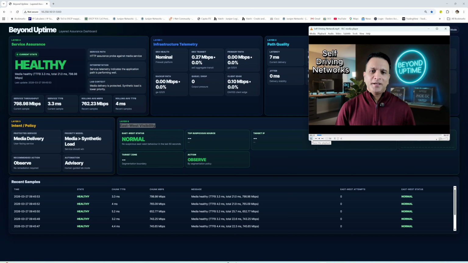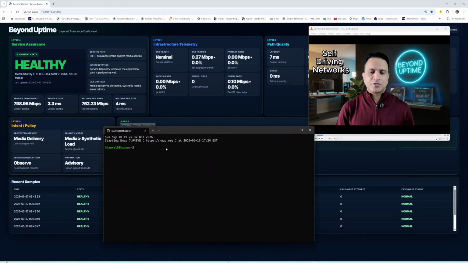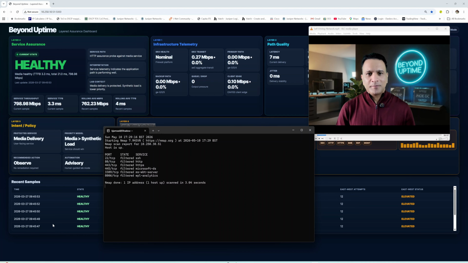Now, let's simulate lateral movement from a compromised endpoint. This system is attempting reconnaissance against a protected recovery segment.